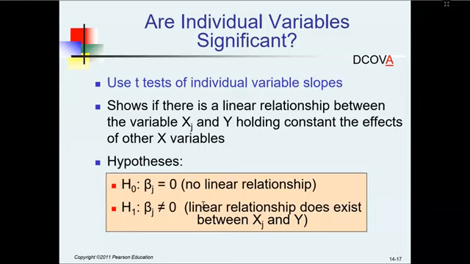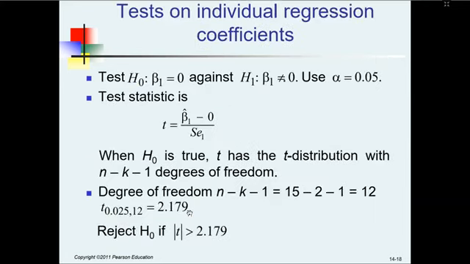When you are testing for advertising, the coefficient of advertising is beta 2, so you do H naught: beta 2 equal to 0 against H1: beta 2 not equal to 0. So that will be your hypothesis.